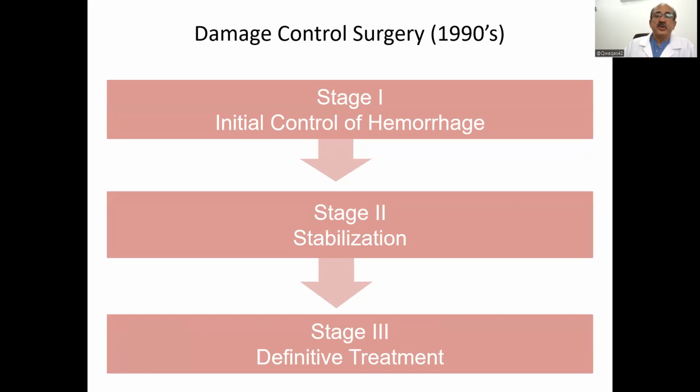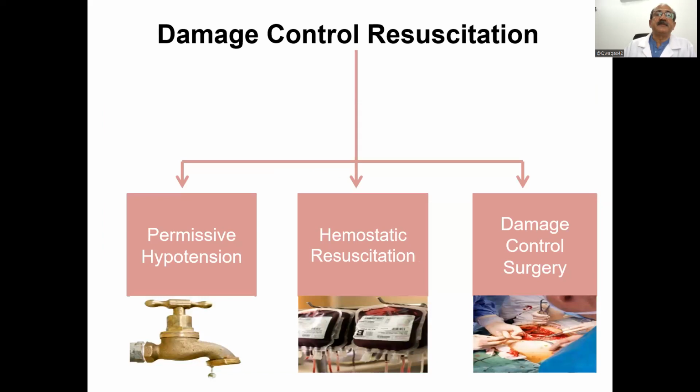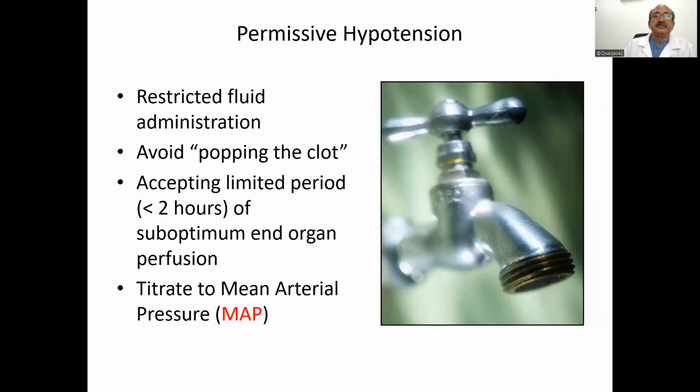These are the 3 stages. Stage 1, initial control of the hemorrhage, as we already discussed. Stage 2, stabilization, and stage 3 is the definitive surgery. So these are the variables of damage control resuscitation. Permissive hypotension: we have to reach the physiological endpoints.